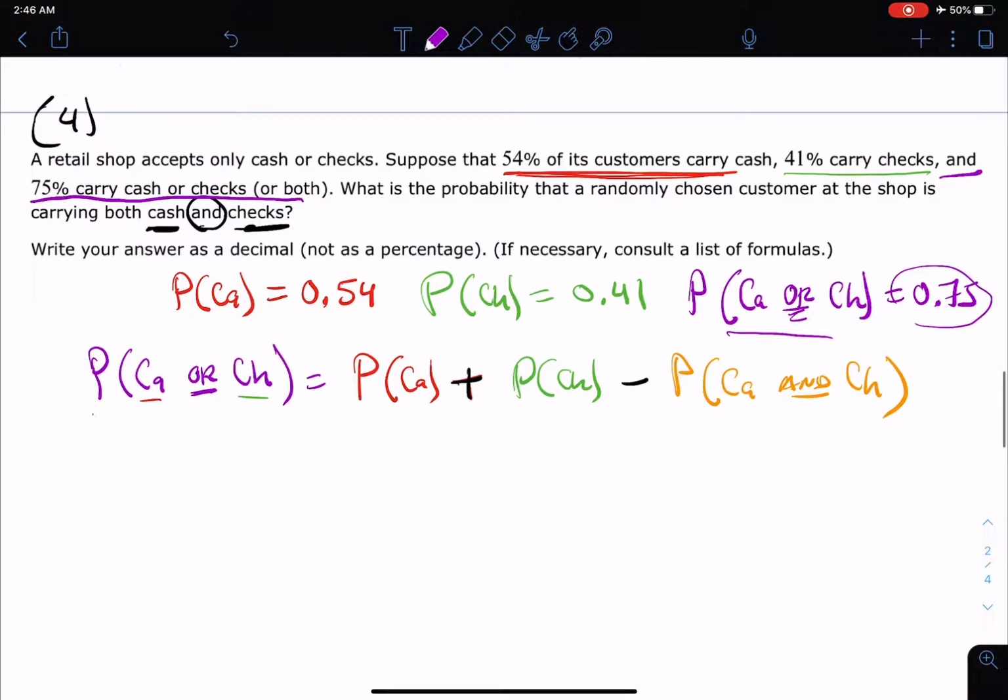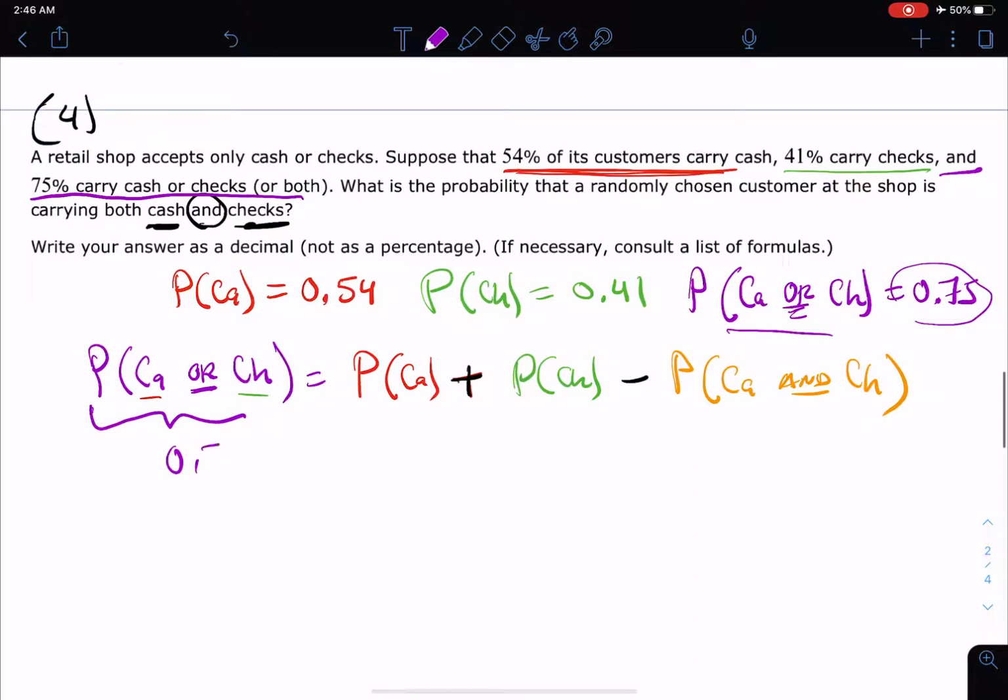We definitely have the probability of cash or checks, which was given as 0.75. And we definitely have this red stuff right here, which is the probability of cash, which happened to be 0.54.